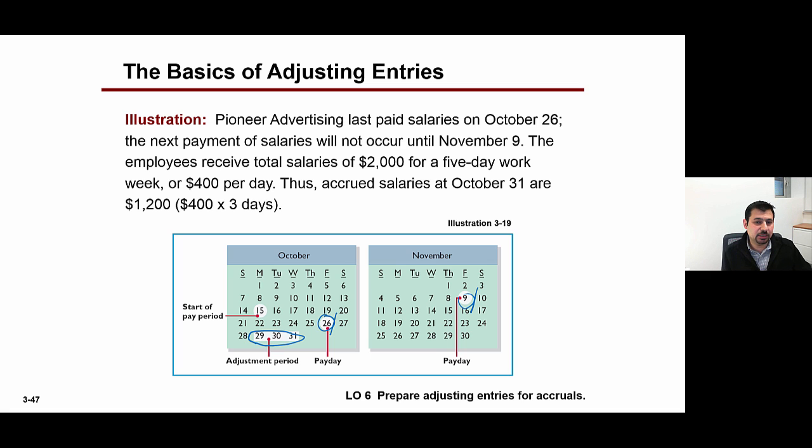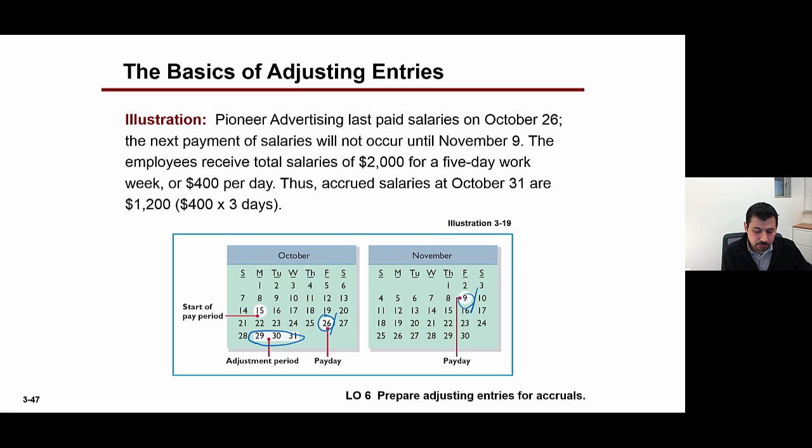Many companies pay bi-weekly, so every 2 weeks they make a payment. And it happens a lot when there are several days before the next paycheck is paid to the employees.